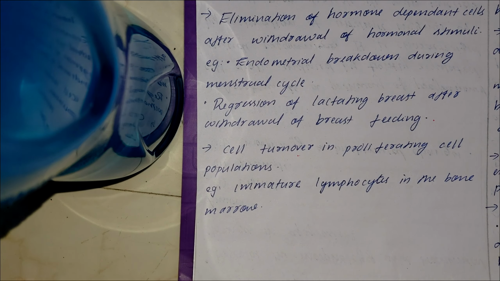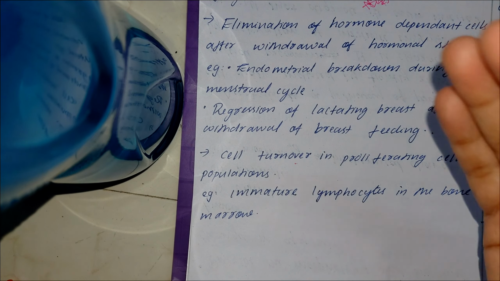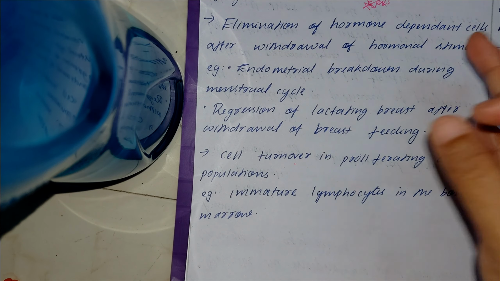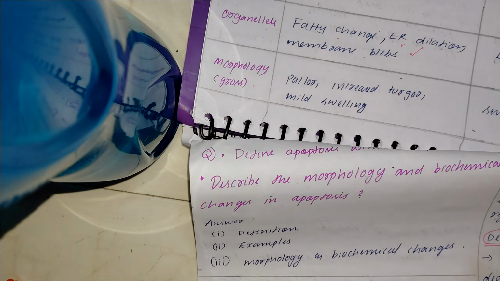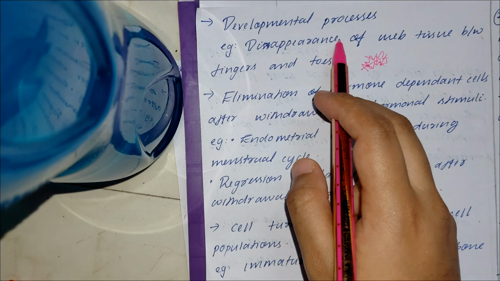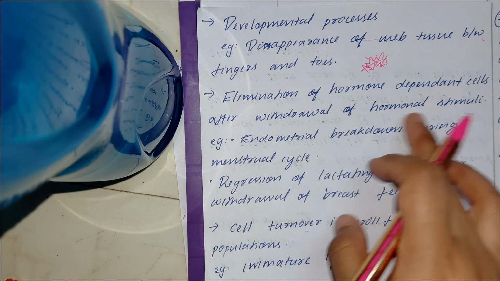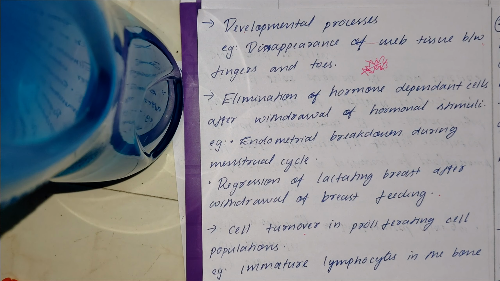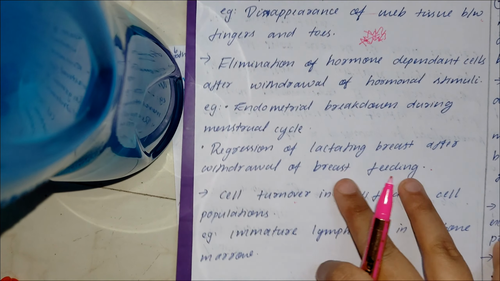So it will be better if you study 3 examples thoroughly by heart, and it's very easy only, right? If I'm going to write the exam, I will be remembering: one, the physiological embryogenesis thing; second, the disappearance of web tissue; third, the endometrial breakdown. These are the 3 things that I will be remembering during exam time.